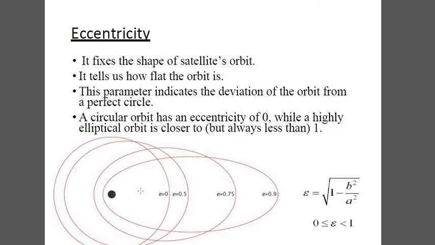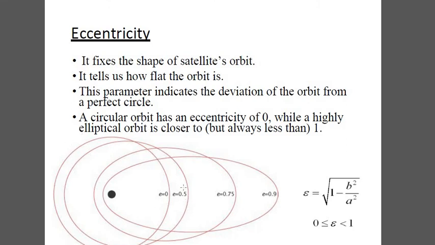The orbits I am giving here are circular, semicircular, then semi-elliptical, and elliptical. This parameter indicates the deviation of the orbit from a perfect circle, from the perfect circle to the perfect ellipse, right? A circular orbit has an eccentricity of 0. If e equals 0, then you can easily say that the satellite orbit is in circular motion.